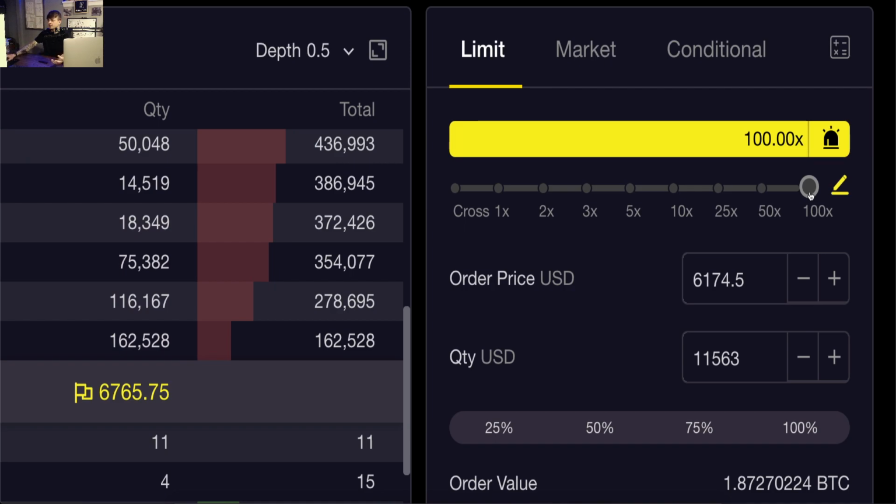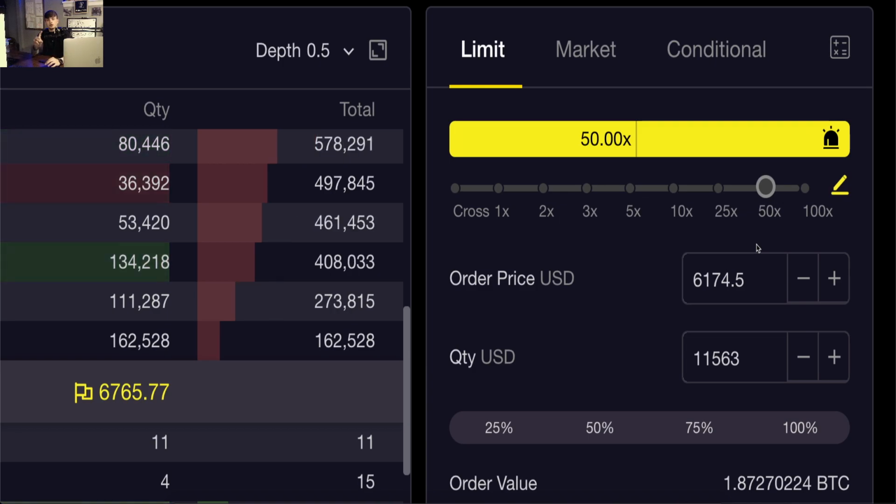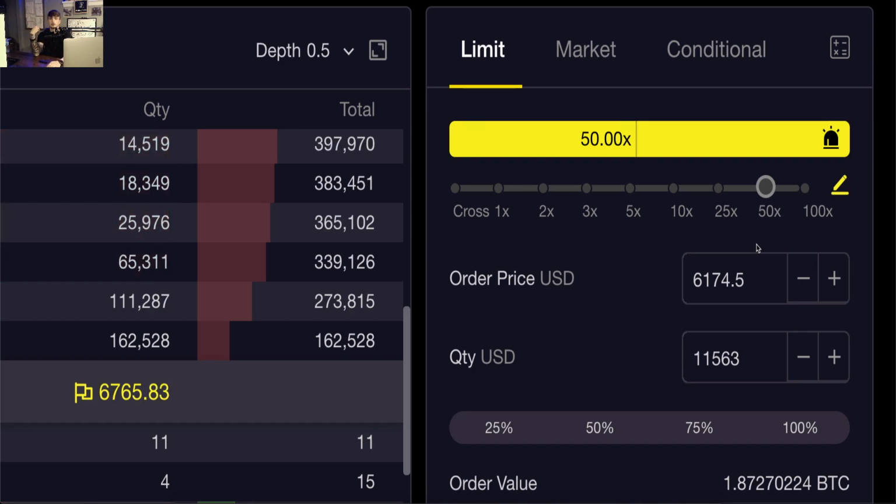But same thing, if we go down to 50x, then with that 1 Bitcoin you're able to trade with 50 Bitcoin. And if Bitcoin goes up $700, you're going to have 3.5 Bitcoin at the end of the trade, because that's the maths.